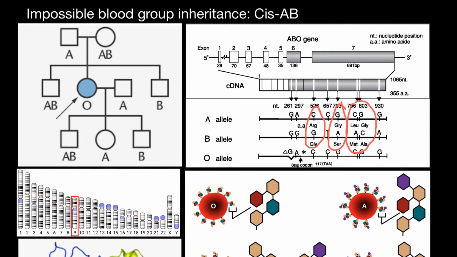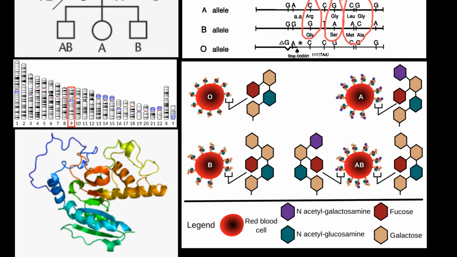One more time, it is very important to understand that basically we have one enzyme which, if it is the A allele, would add an acetyl galactosamine to this sugar chain, and if it is the B allele, would add galactose, as you see. And those people who belong to the blood group AB basically have just 2 different alleles.